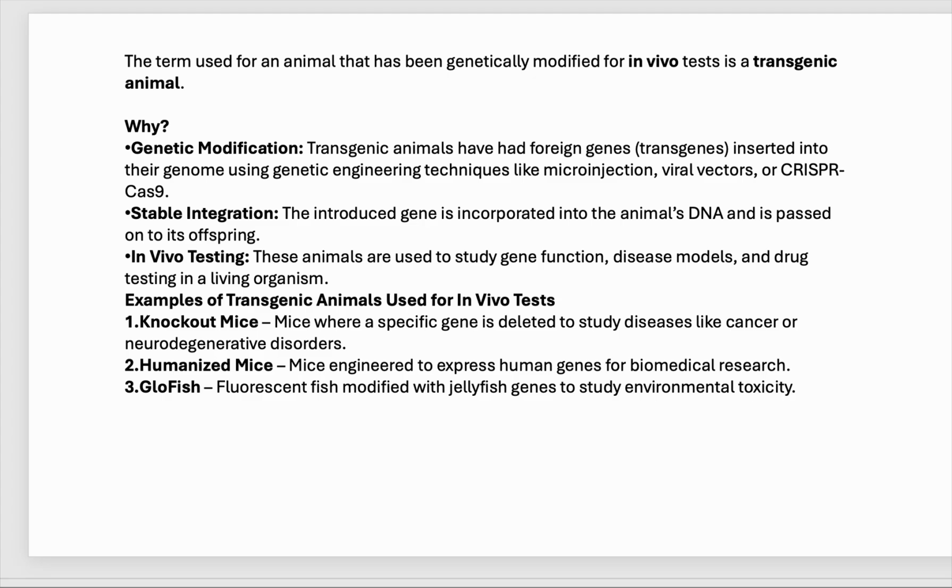So examples are knockout mice, where a specific gene is deleted to study cancer or neurodegenerative disorders; humanized mice, engineered to express human genes for biomedical research; and glowfish, which is what we talked about, a fluorescent fish modified with jellyfish genes to study environmental toxicity.